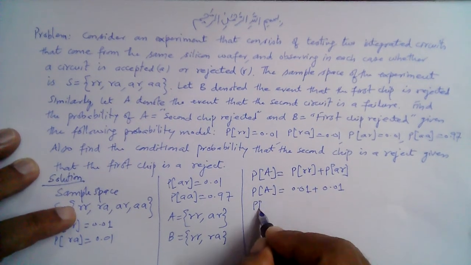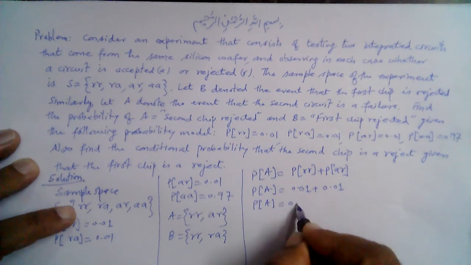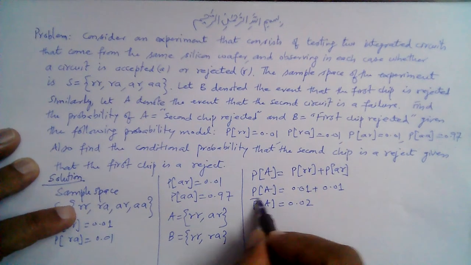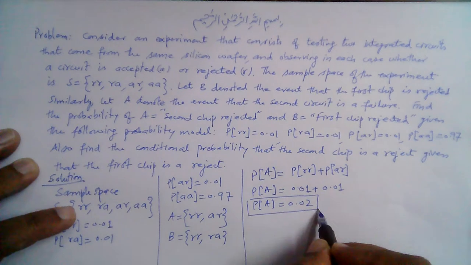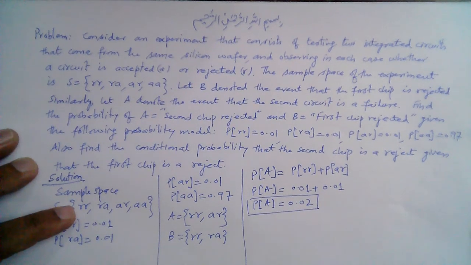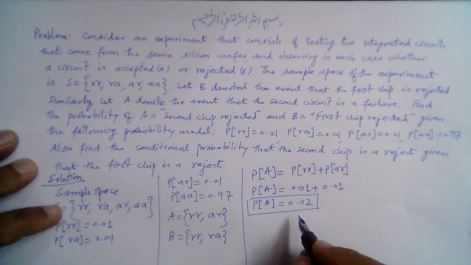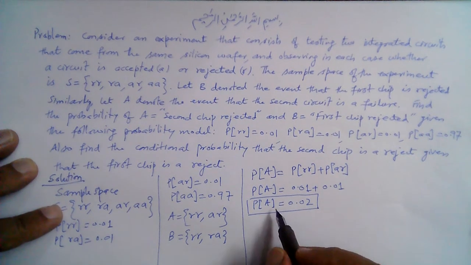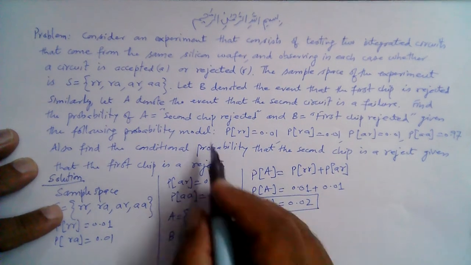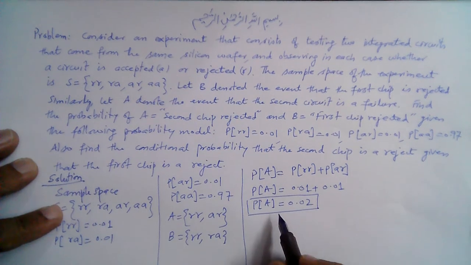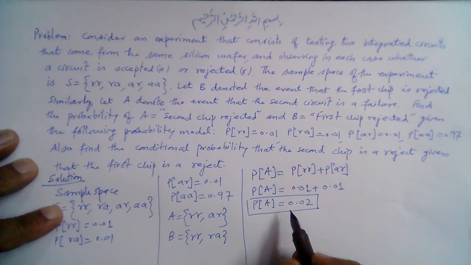So the probability of event A is 0.02, right? Event A was second chip rejected. This is the probability of second chip rejected, and note that this is a prior probability, right?